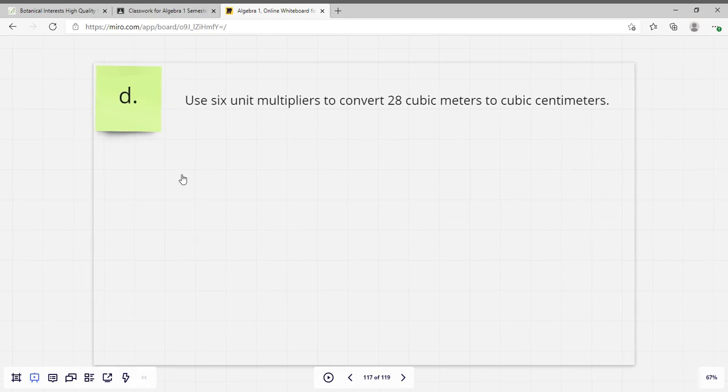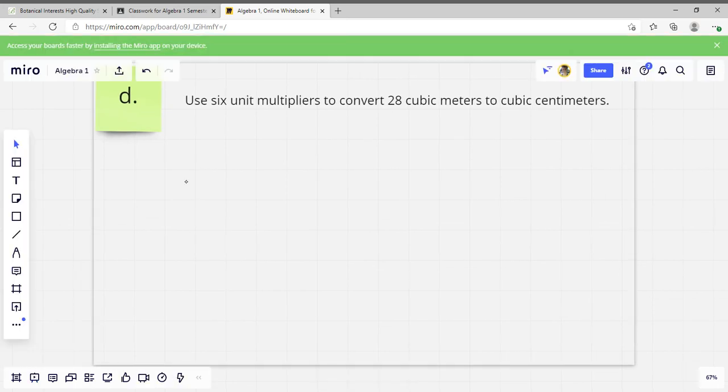All right, here's another one. This one we're going to need 6-unit multipliers. And we got 28 cubic meters, so that's meters to the third, and we're going to centimeters. All right, so we're going to say 28, and we got meters times meters times meters. All right, so there are 100 6-unit multipliers, cubic meters to centimeters.